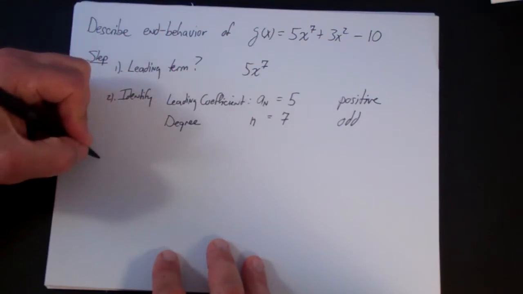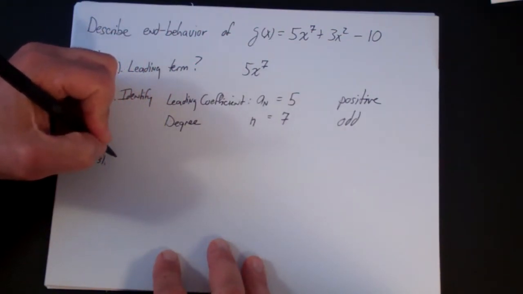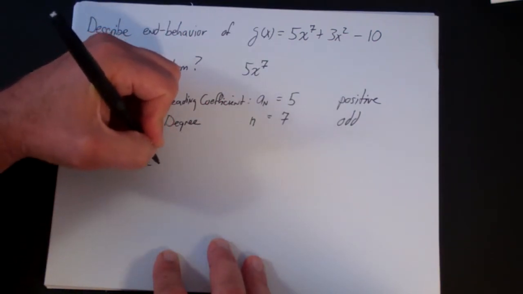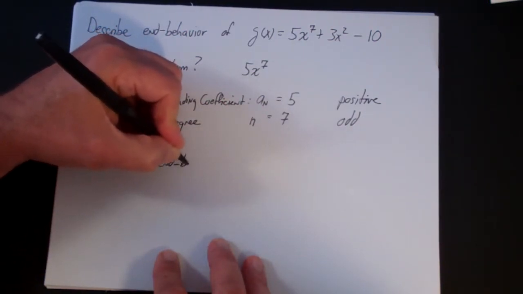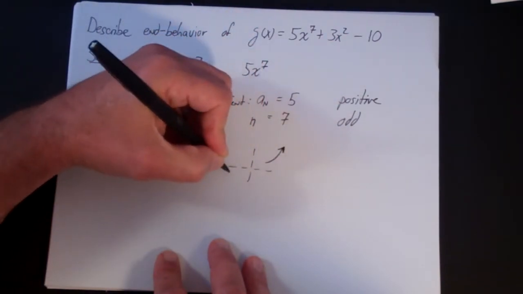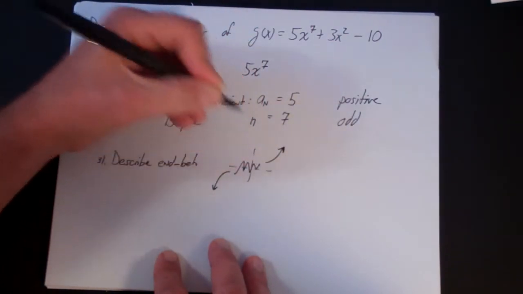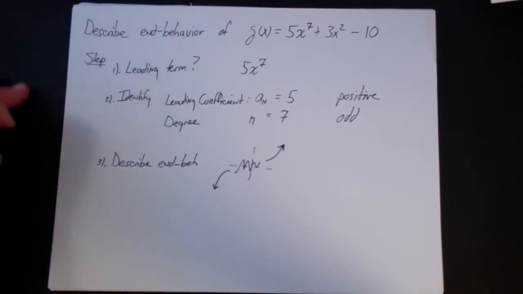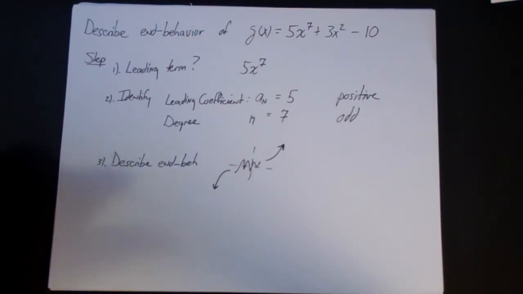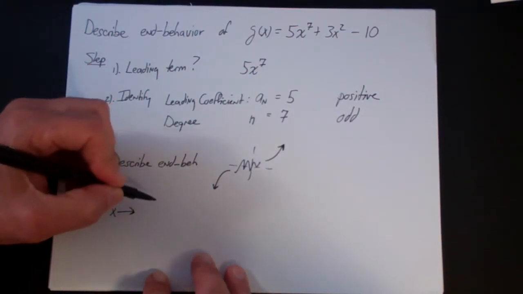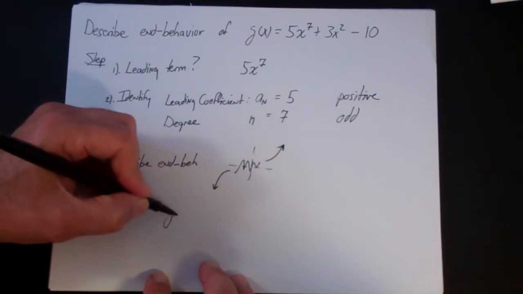So then we're going to describe the end behavior. And oftentimes I just draw a little sketch to start with. And in this case it looks like x cubed, so it looks like this, and I don't really know what happens in between. I'm kind of done. All I need to do now is figure out how to say it. And one way to say it is you can just fill out this. As x goes to blank, y goes to blank.